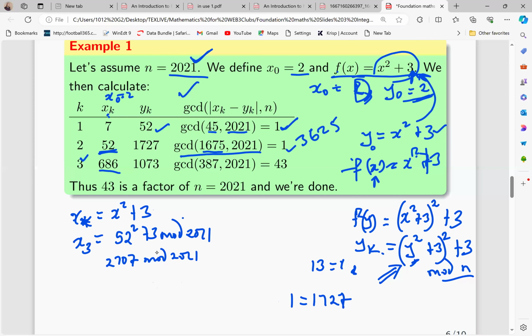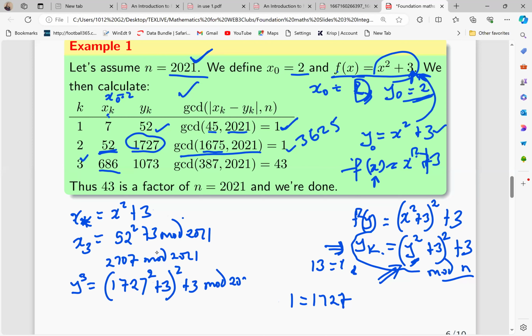686. Let me get my y3. My formula for yk is here. The y just above is this one. This is the one I'm substituting there. So I square it. So it means I take 1727 squared, add 3, square the result, then add 3, and reduce it mod 2021.